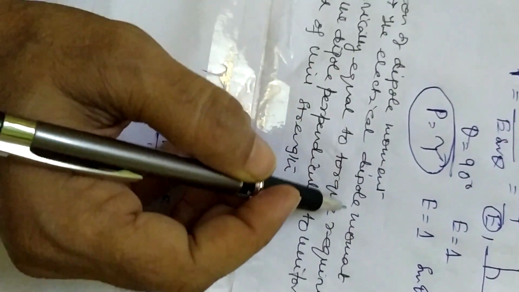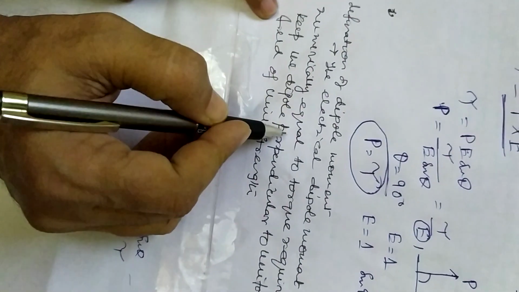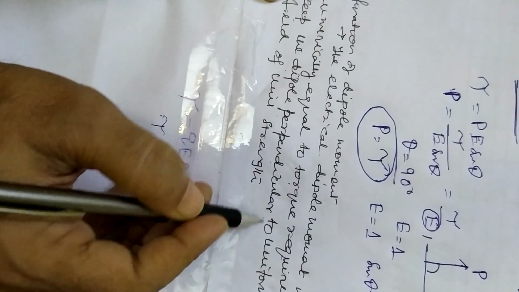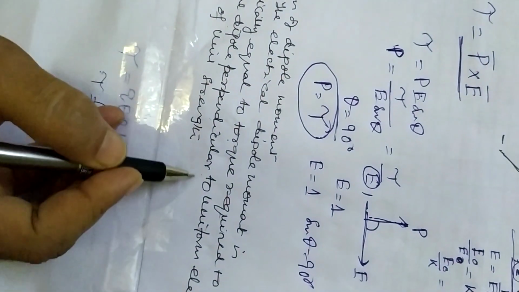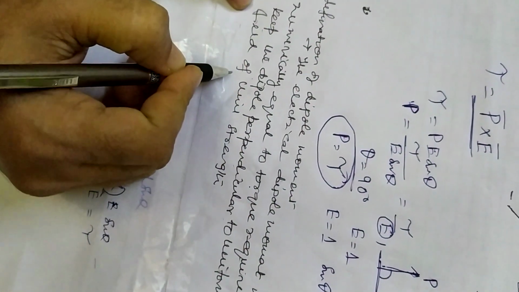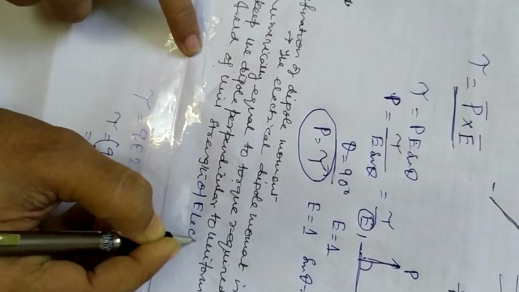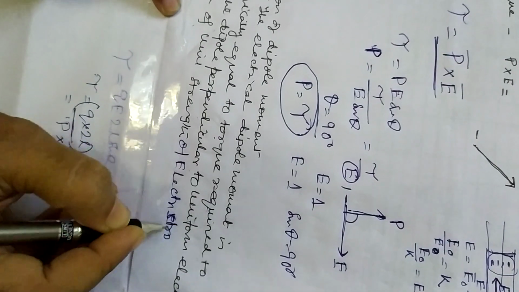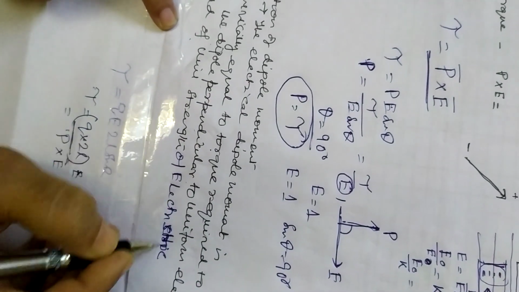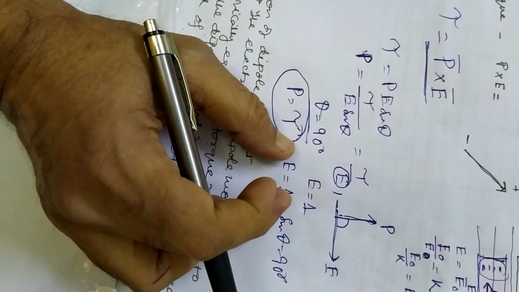The electrical dipole moment of an electrical dipole is numerically equal to the torque required to keep the dipole perpendicular to the uniform electric field of unit strength, the unit electrostatic field.